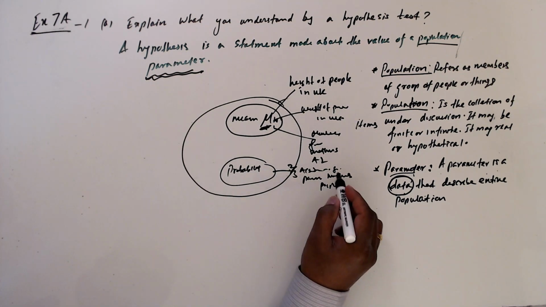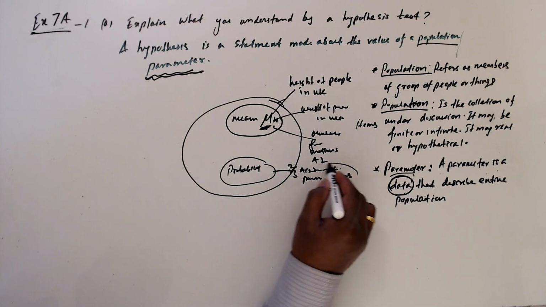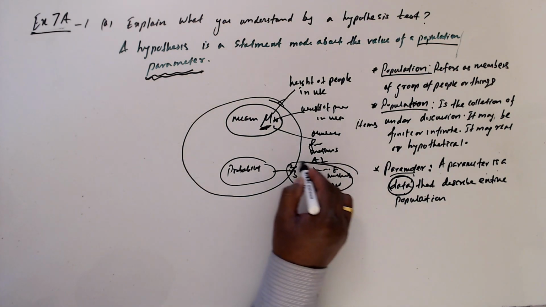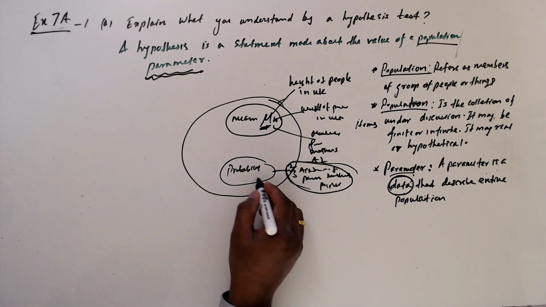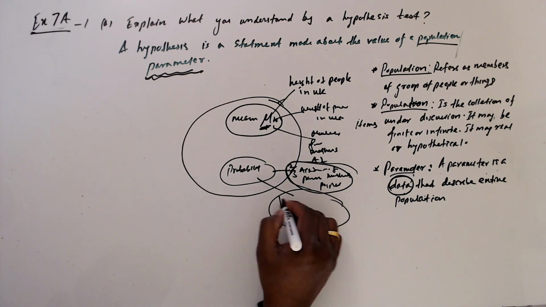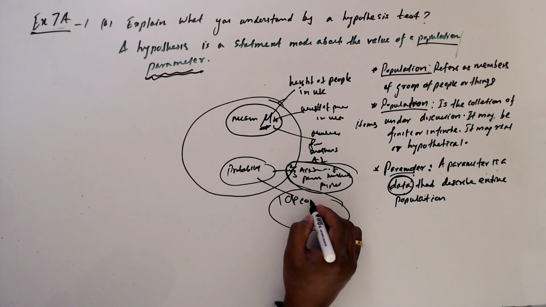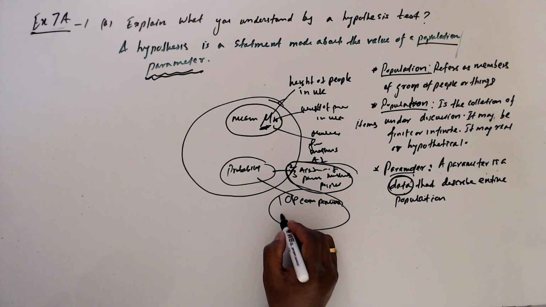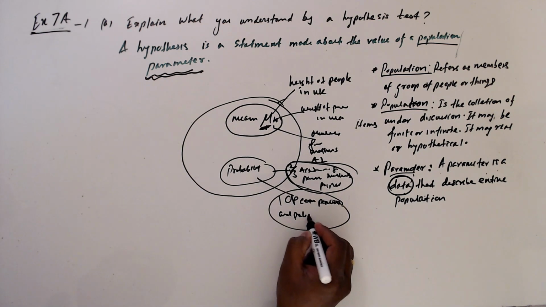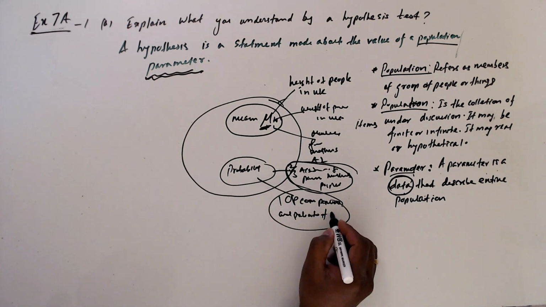So 2/3 of A-level students, this is referring to the whole population, this probability. Or it could be a 10p coin population and the probability of getting a head.